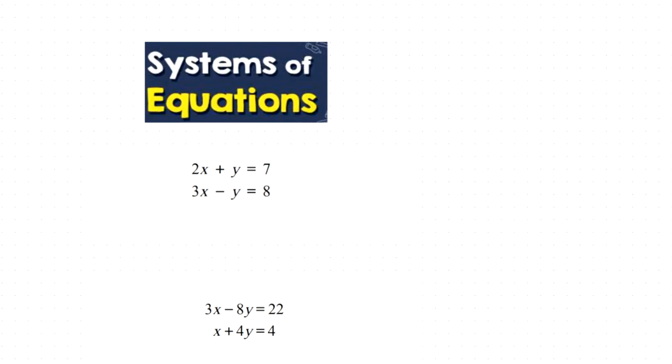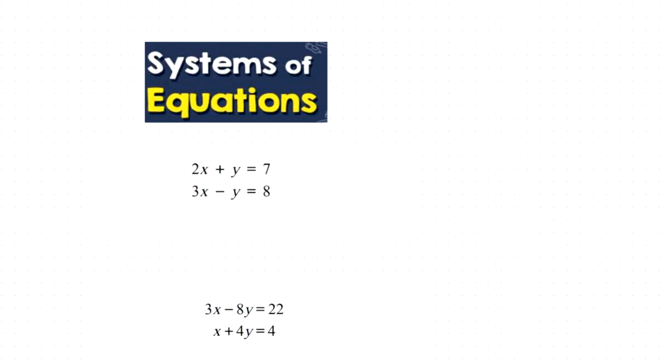The very first question that we have is 2x plus y equals 7 and 3x minus y equals 8. This is given. We have different techniques to solve these kinds of problems, but the very famous one for this type of question is the elimination method, which means that you can just eliminate one of the variables.